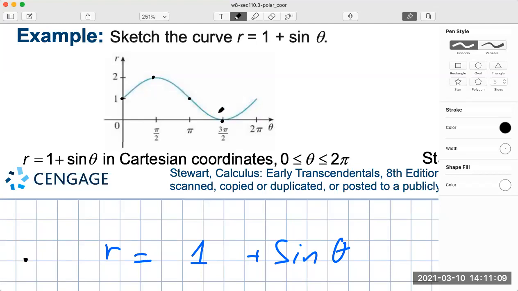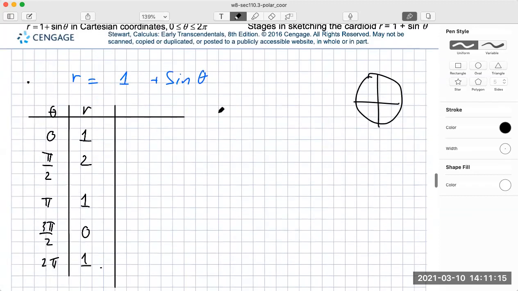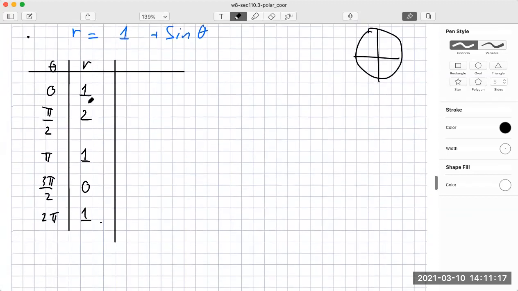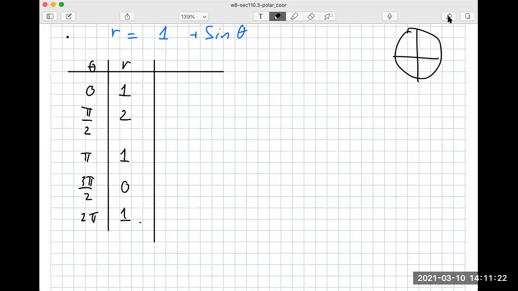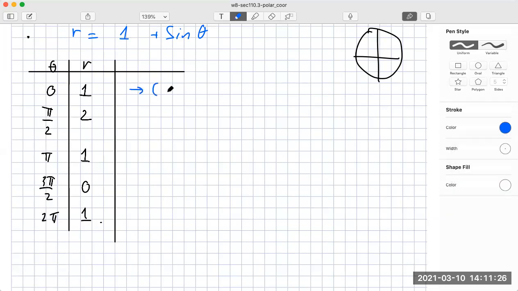This is in Cartesian. However, if we plot these pairs, the pairs here will be the points. The points here will be 1, 0, right? This is pi over 2. This is pi.